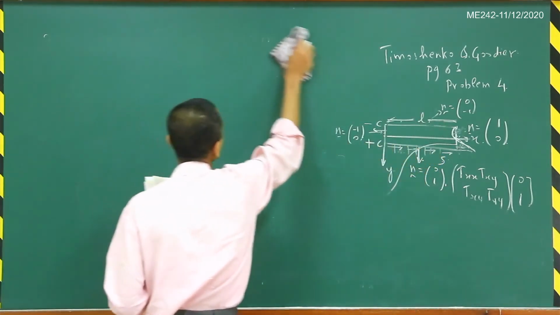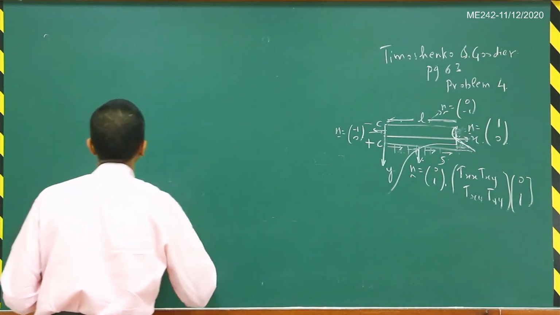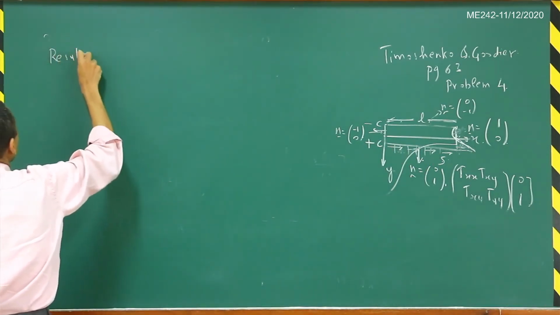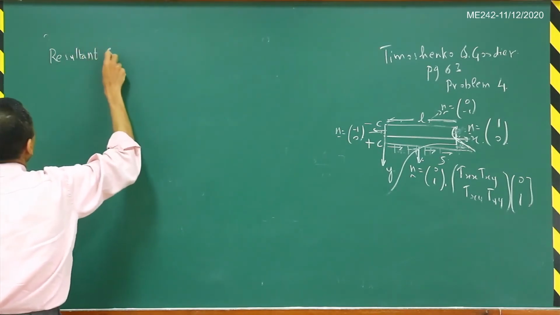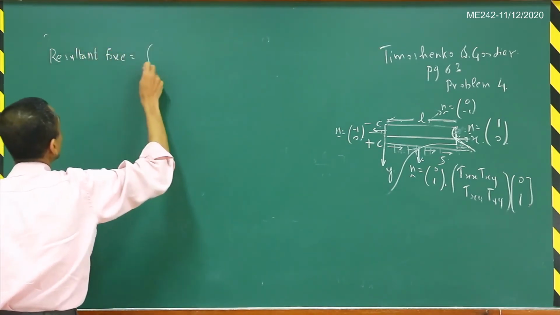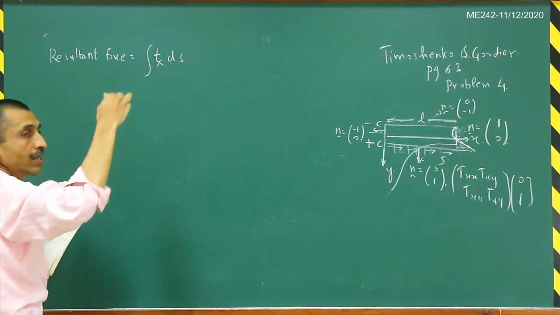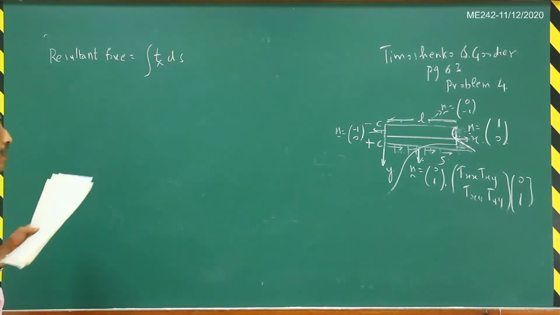We have seen that the resultant force is equal to the integral of t times ds, right? So on a given surface, the way you find out the resultant force is this one.